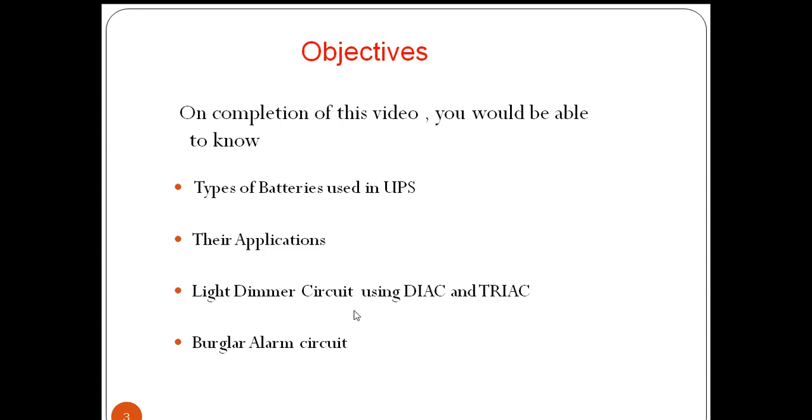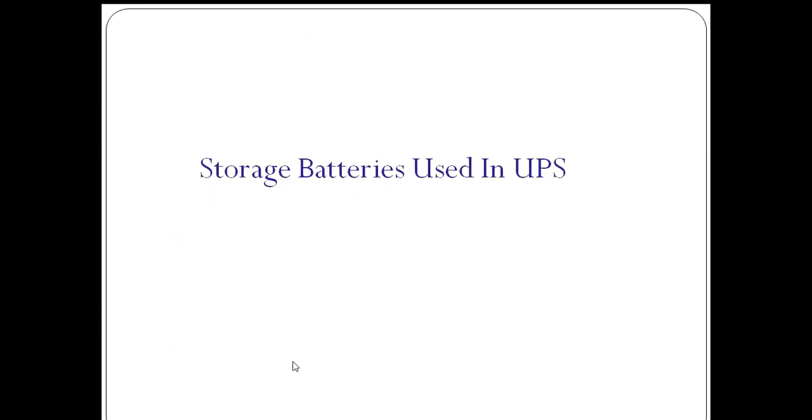That is, the first one is the light dimmer circuit using diac and triac, and the next one is the burglar alarm circuit, which is also called the theft alarm. Now we will see storage batteries used in UPS.